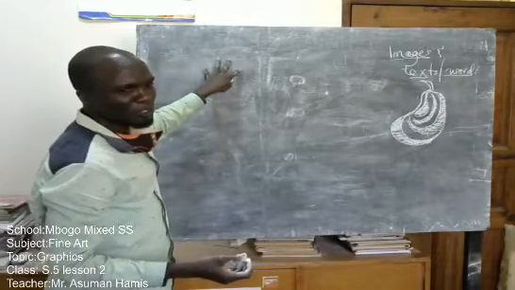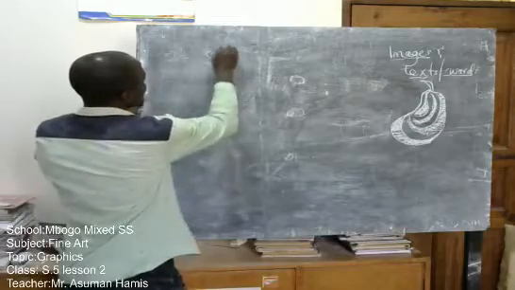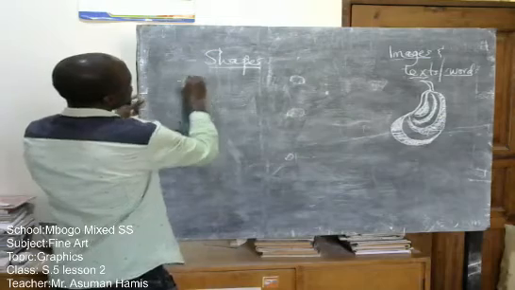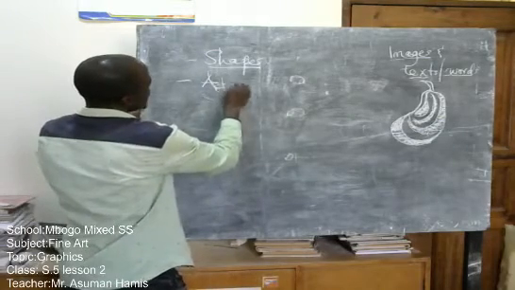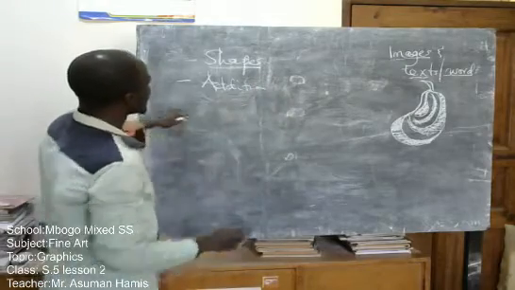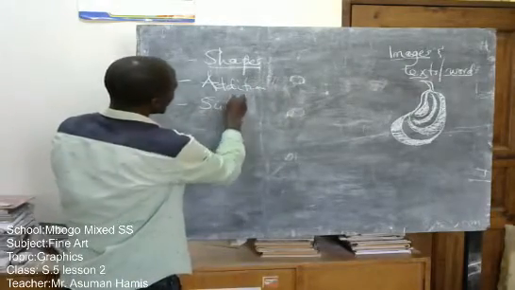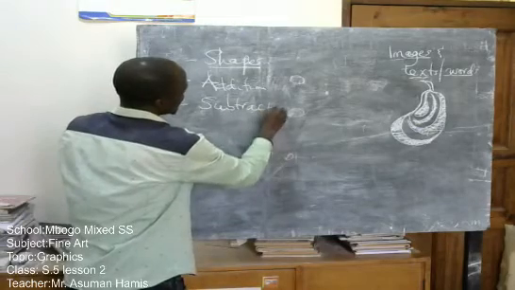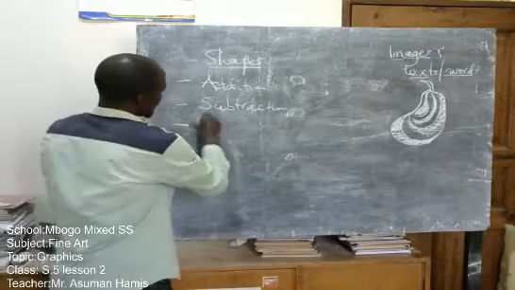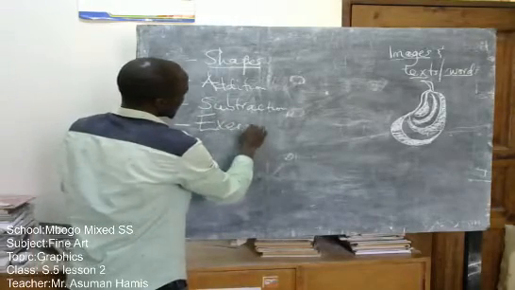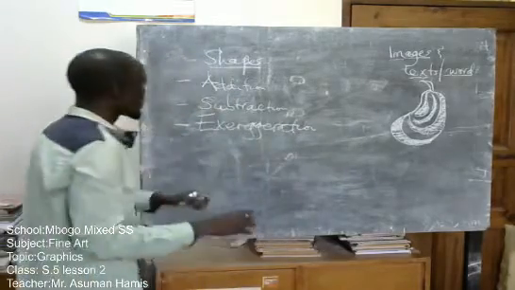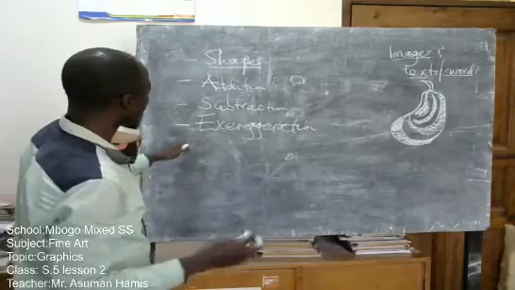The first technique that we use is shapes. Create letters from shapes. The other one we call addition, the addition skill. Then we also have what we call the subtraction method. Then we also have what we call exaggeration. Yes, you can exaggerate something and create something nice out of it.